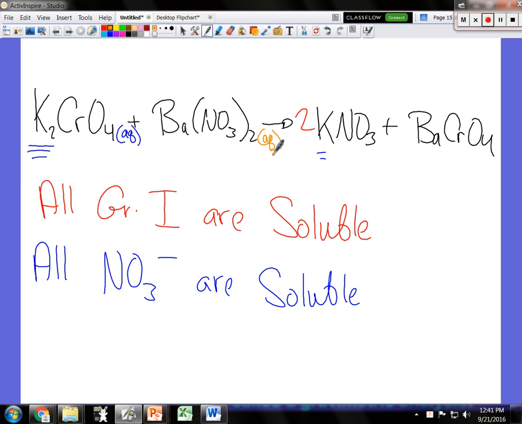KNO3. Is that a double whammy? That adheres to both rules. You've got a group 1 and a nitrate. What's the chance of that thing ever being insoluble? Never, ever, ever. So what state will we recognize this as? Aqueous.